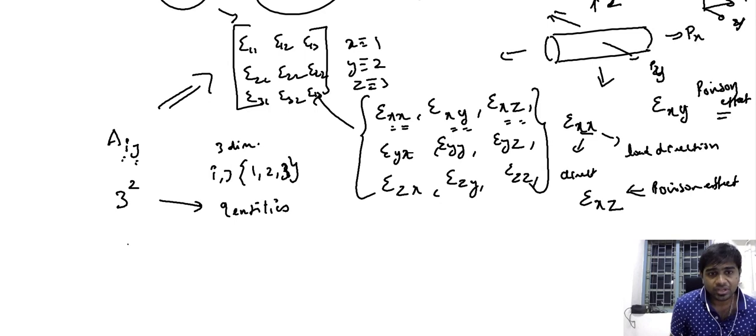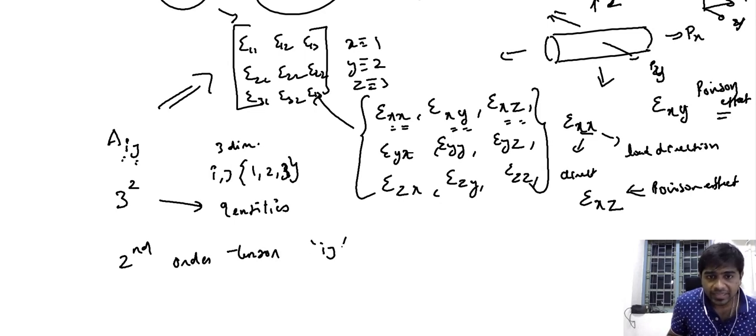So essentially, this form of a tensor is referred to as the second order tensor, because we need 2 different indices. When you want to describe this tensor, you need 2 different indices, and the value assigned to this tensor depends on the value assigned to these indices.